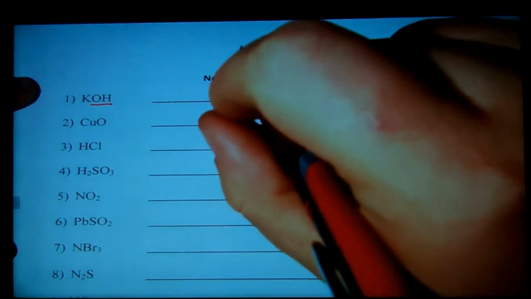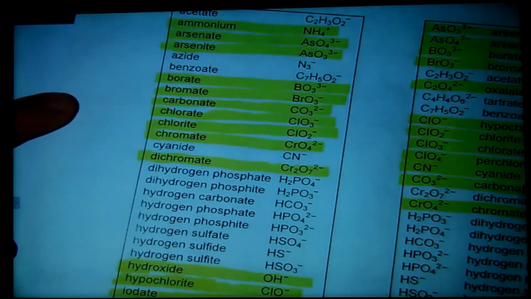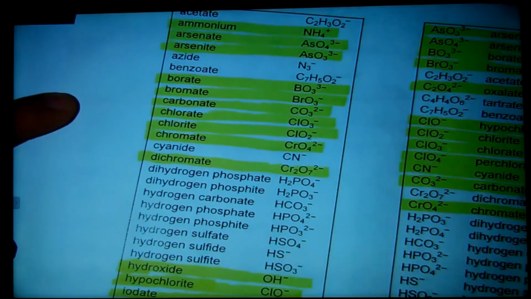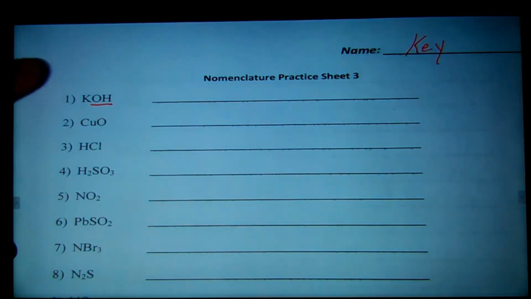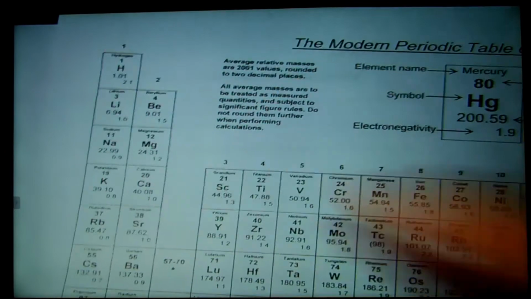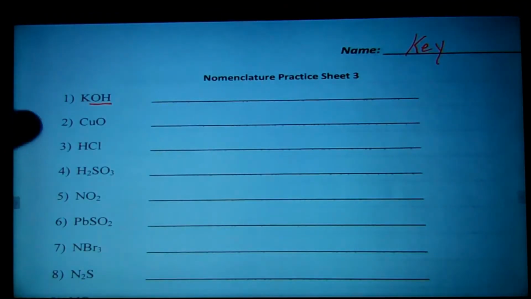Knowing your polyatomic ion sheet, which I gave you guys forever ago, if you look at it, you have hydroxide, which is right here. Okay, so you need to know those polyatomics. Now in this, before it, you have K, which is potassium, and you need to know where it comes from on the periodic table. Potassium's here in the first column, which means it has a fixed charge.